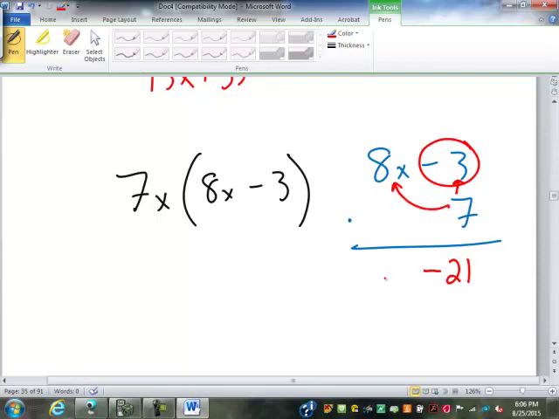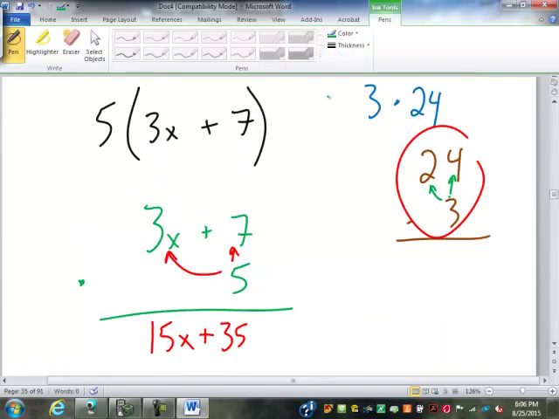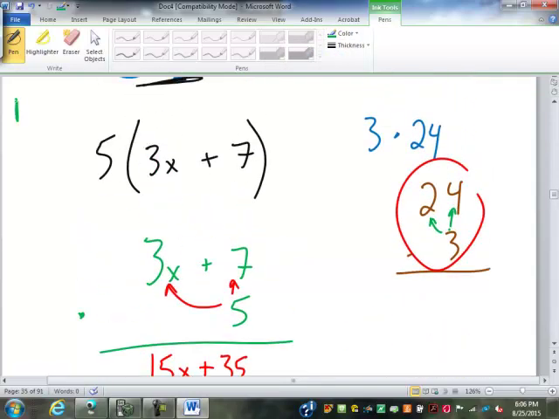Then 7 times 8x is 56. Oops, I forgot the x there, didn't I? So it is 21x. 7x times negative 3 is negative 21x. And 7x times 8x is 56x squared. Sorry about that.